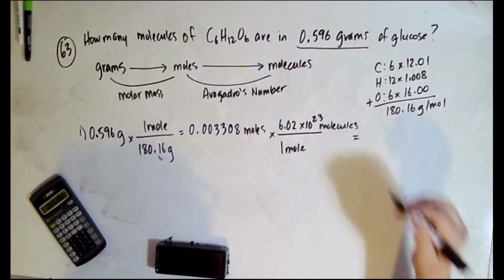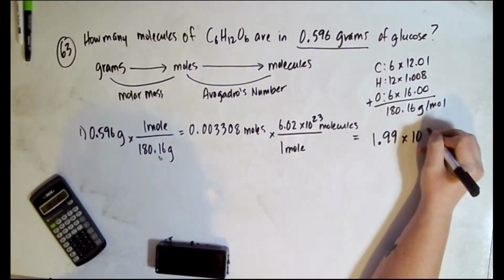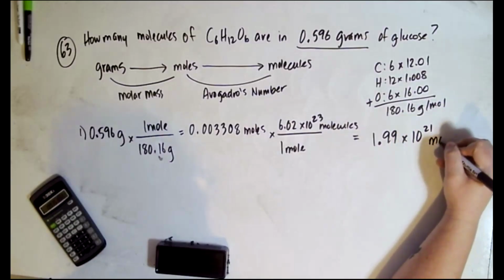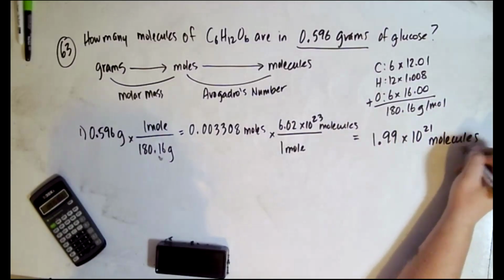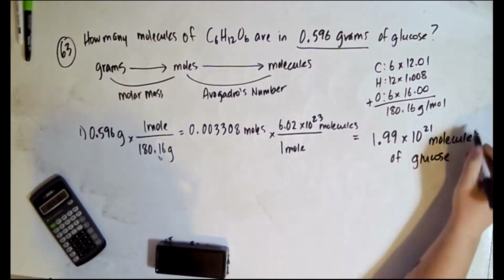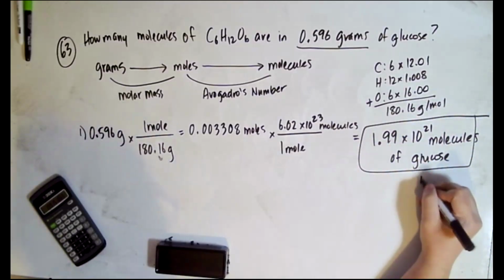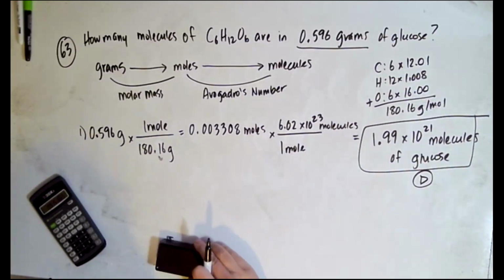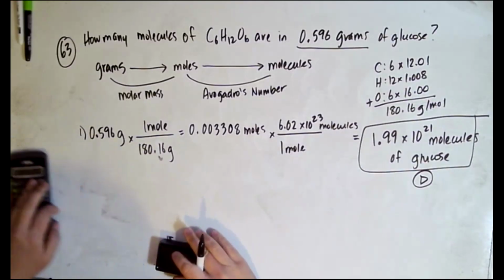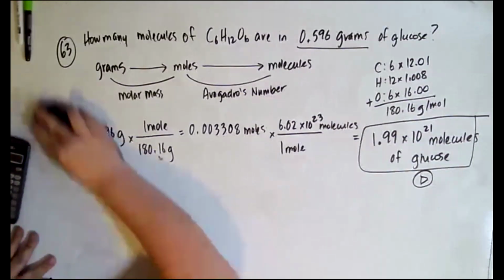Which is going to give us 1.99 times 10 to the 21 molecules of glucose. Okay, which is going to be answer choice D.